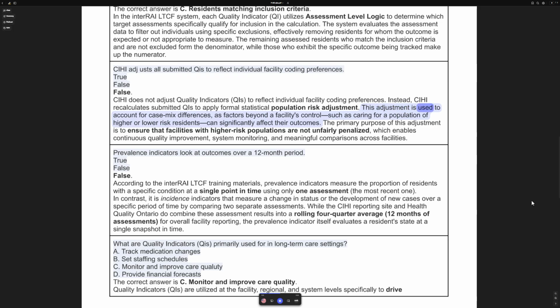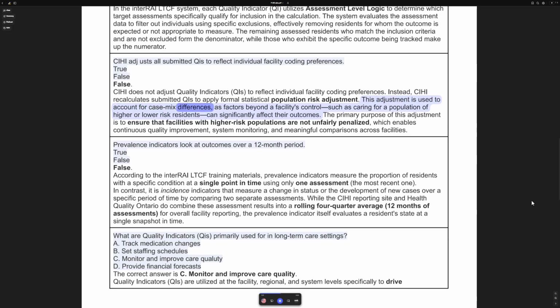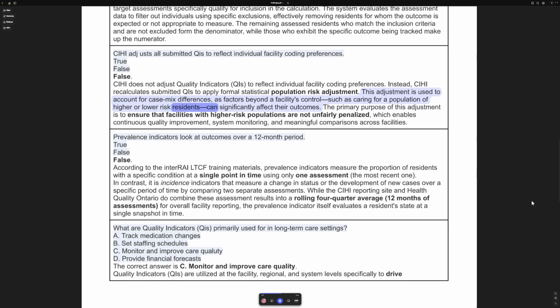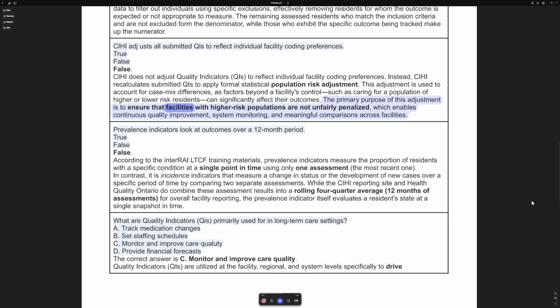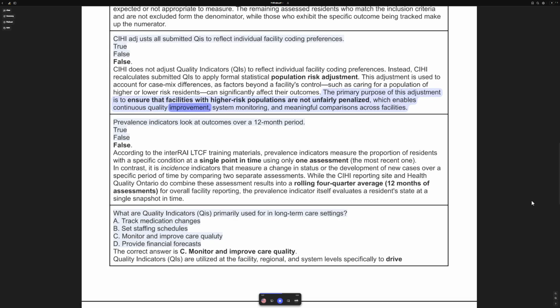This adjustment is used to account for case mix differences, as factors beyond a facility's control, such as caring for a population of higher or lower risk residents, can significantly affect their outcomes. The primary purpose of this adjustment is to ensure that facilities with higher risk populations are not unfairly penalized, which enables continuous quality improvement, system monitoring, and meaningful comparisons across facilities.